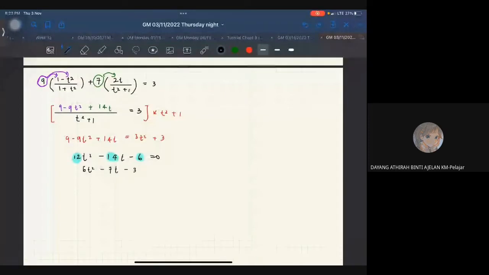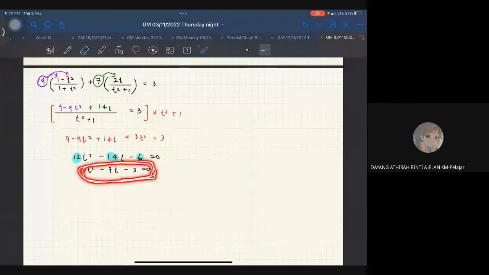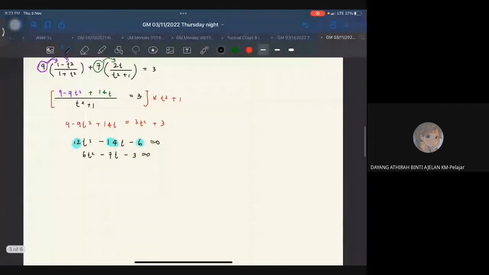Okay, baru tekan calculator. Right, so kena awak wajib simplifykan. Bila awak tak simplifykan, okay, so let's say lah, bila awak tekan calculator, awak sepatutnya akan dapat 2T square minus T minus 3 and then times with 3T plus 1.